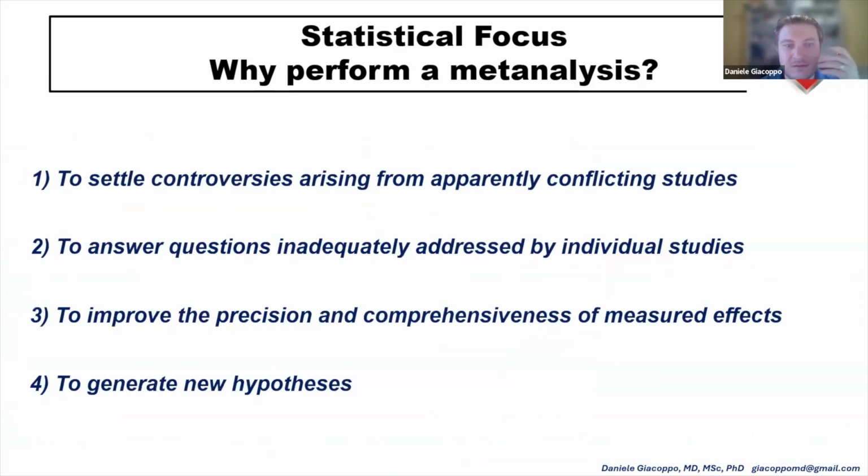And what are the objectives of the meta-analysis? To settle controversies from apparently conflicting studies; to answer questions that cannot be addressed by individual studies, for example, when they are small, or were not powered for individual endpoints or a specific setting of patients; to improve the precision, because you are generally accounting for more populations, so you are more comprehensive compared with individual studies; and to generate new hypotheses, to draw some conclusions for next investigations, or to move forward with the available evidence to a new research question.